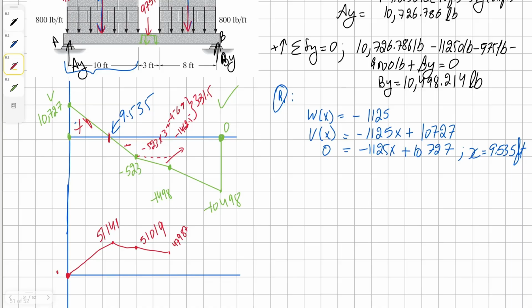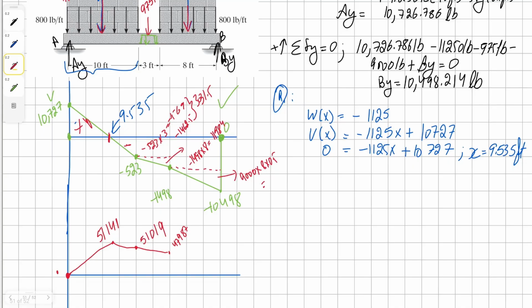And now the final area is going to be negative 1498 times 8, and then this bottom area is going to be 10,498 take away 1498, which is 9,000. So 9,000 times 8 times 0.5. Alright, so let's do the first one. So it's going to be 1498 times 8, which is 11,984.